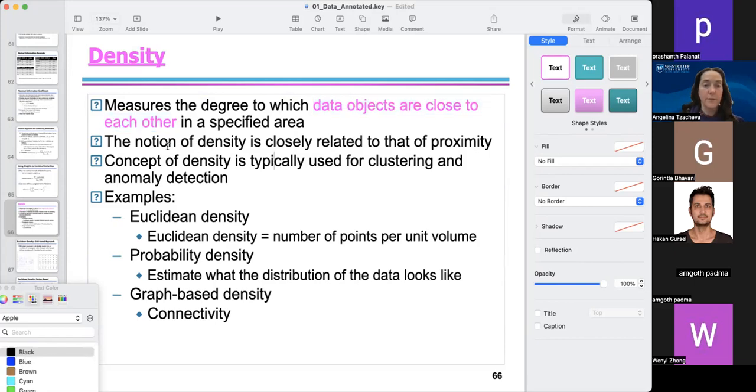For that reason, the notion of density is closely related to the notion of proximity, because the dense regions are showing objects that are in close proximity to each other.